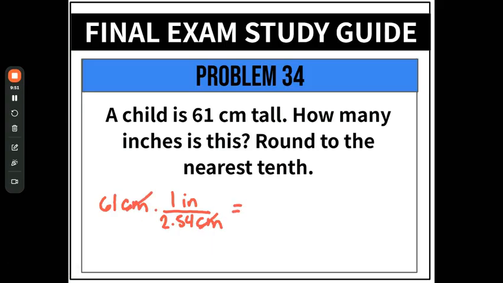Centimeters will cancel. And I'm going to divide 61 by 2.54. And that's going to give me 24 point. We get a decimal here, but it asks us to round to the nearest tenth, so I'm going to put 24.0 inches.